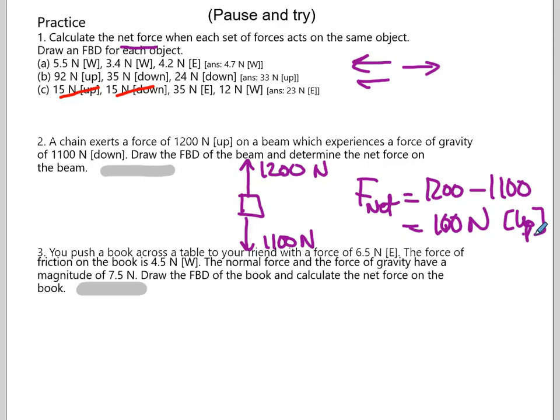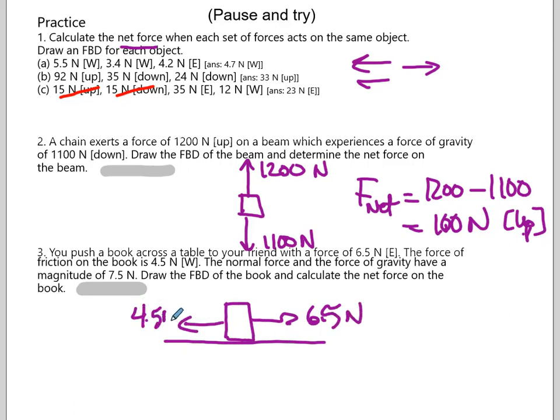And lastly, you push a book across the table to your friend with a force of 6.5 newtons to the east. The force of friction on the book is 4.5 newtons to the west, so you'll notice it's opposing the motion. If we draw a quick free body diagram, we have 6.5 newtons to the east and 4.5 newtons as friction to the west.